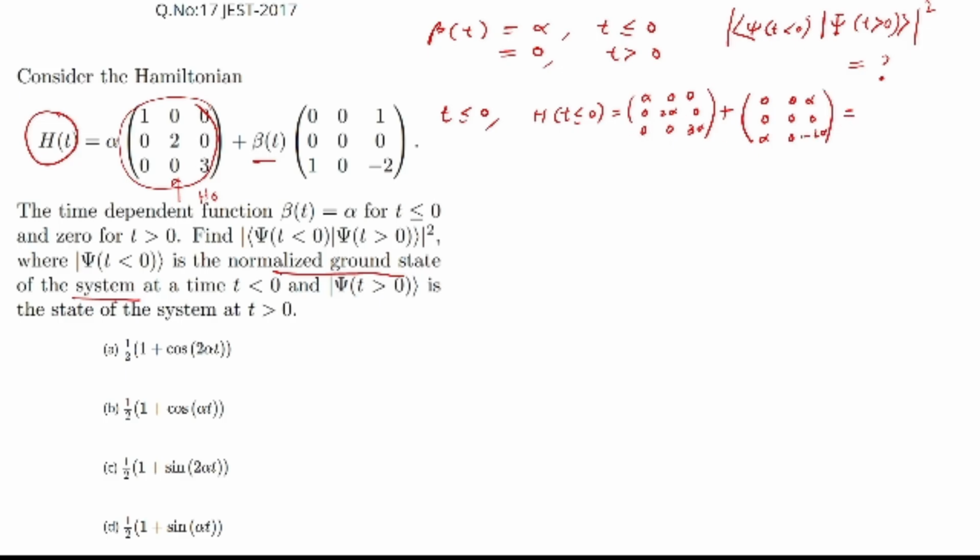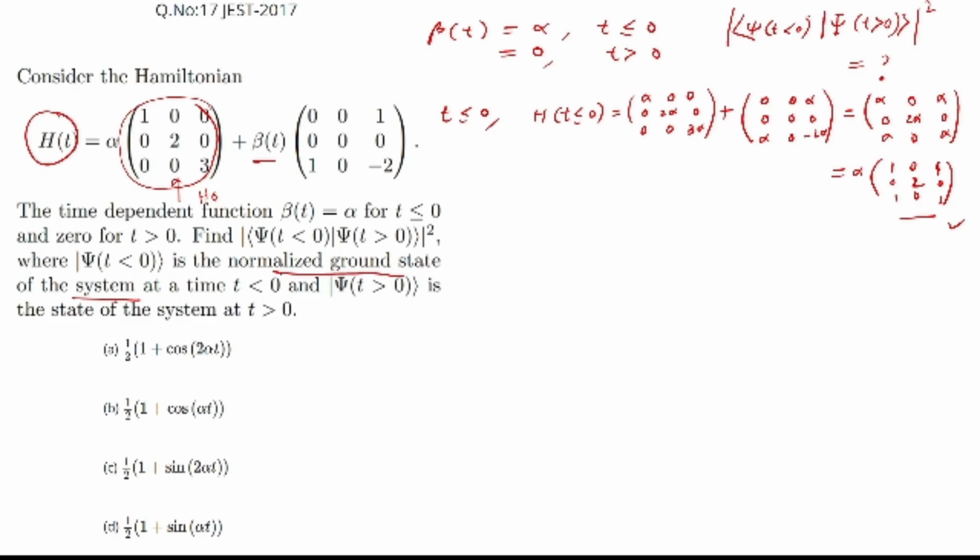Add these two matrices, so it gives alpha 0 alpha, 0 2 alpha 0, alpha 0 alpha. So this is the matrix. It gives us alpha into [1 0 1; 0 2 0; 1 0 1]. This is the Hamiltonian for the t less than or equal to 0 case.